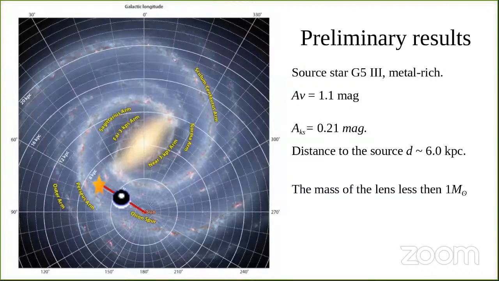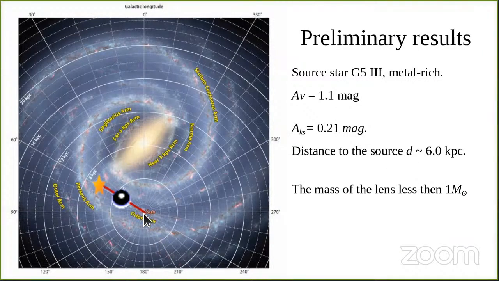So the preliminary results, what we know about our source star: it is a G5 giant, which we got from the information from the spectra. The extinction is probably about 1.1, maybe a little bit more. The distance is about 6 kiloparsecs. And where is it located in our galaxy?